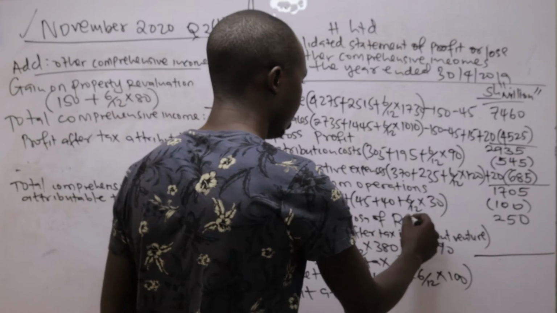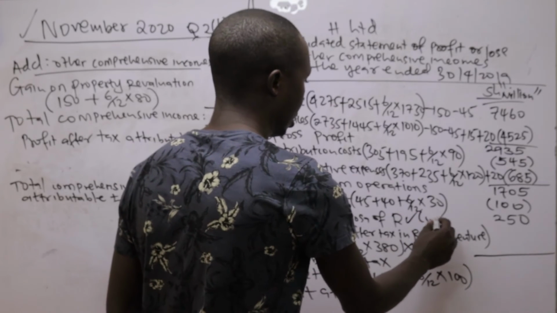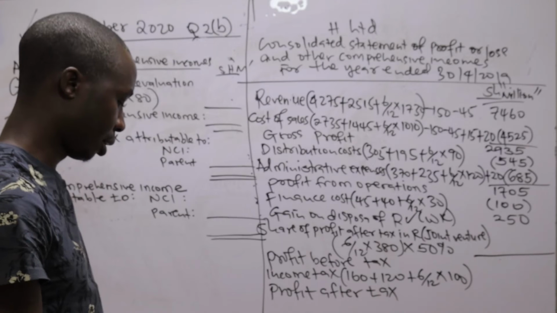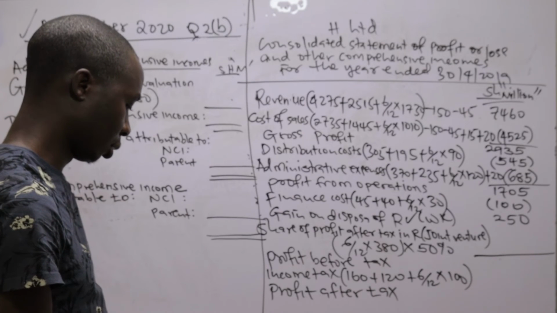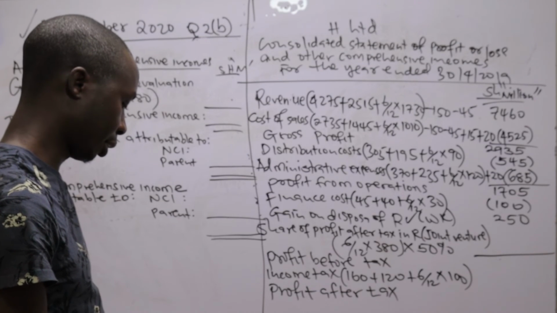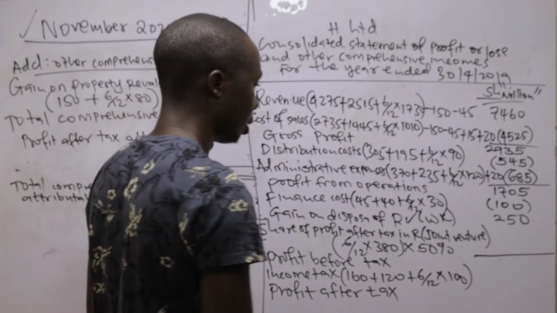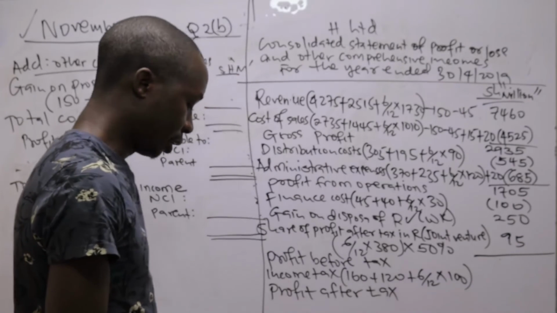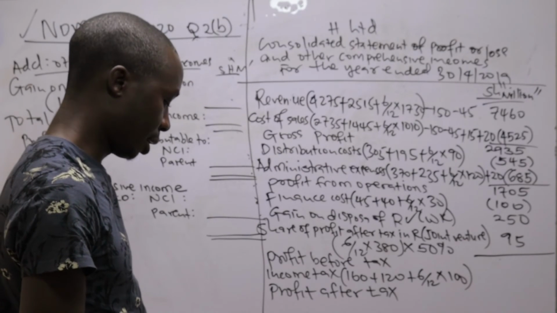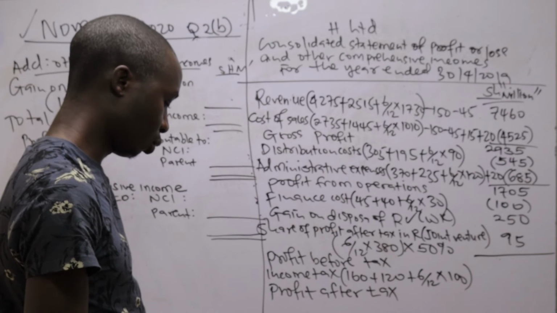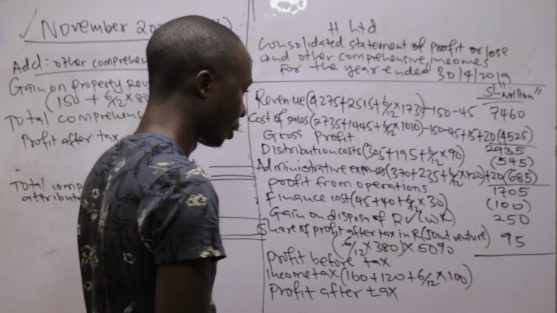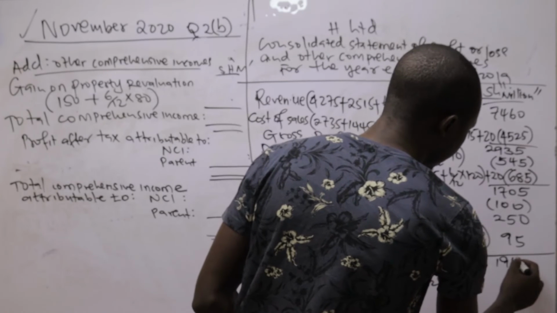The gain, you add. Remember we did a working, and this was the first requirement. 380 divided by 2, that is 190. 50% of that is 95. So if I take 1705 minus 100 plus 250 plus 95, I'm getting 1950.